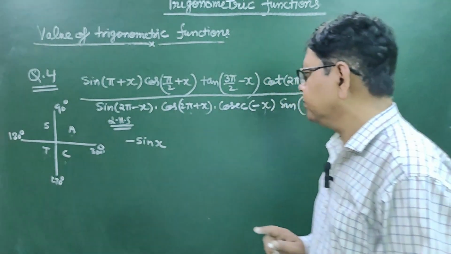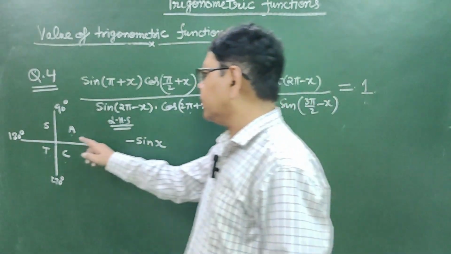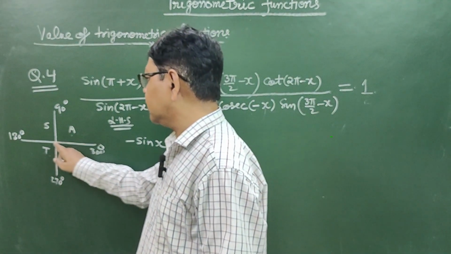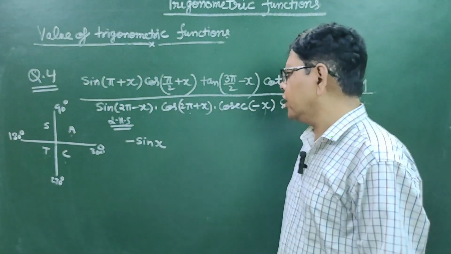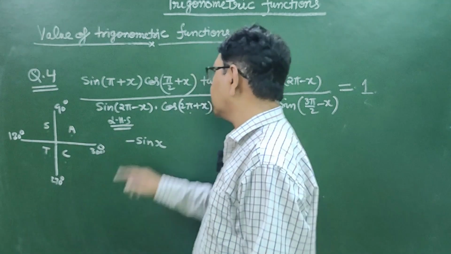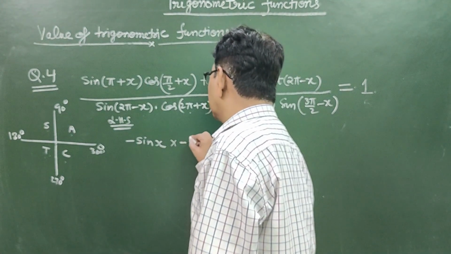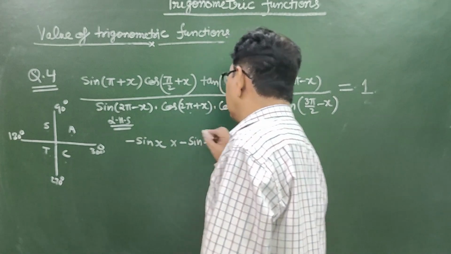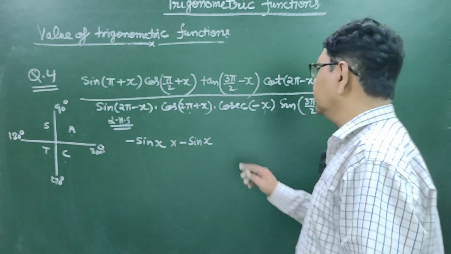Like now cos(π/2 + x), somewhat greater than 90 degrees, you are in the second quadrant, and in the second quadrant sine is positive, rest of the trigonometric functions are negative. Here we have cos, so it is negative. So this is equal to minus sin x, and also because of π/2, cos changes to sin.